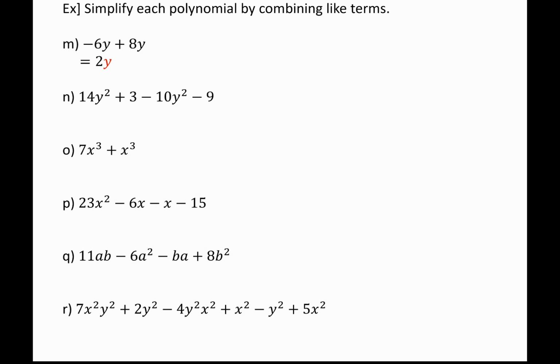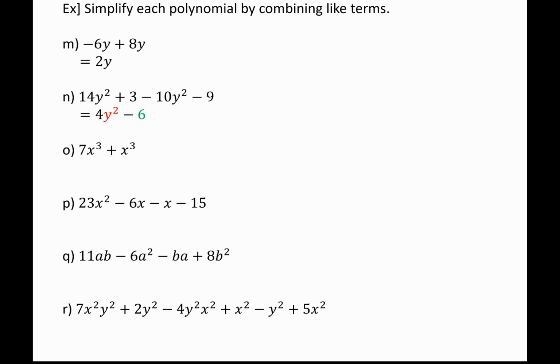Now for example n, we have two different sets of like terms. We have y² terms and we have constant terms, which are being shown lit up in red and green respectively. So gather them up and combine them by adding their coefficients together, or simply the constant terms together, and you should get the following final answer.